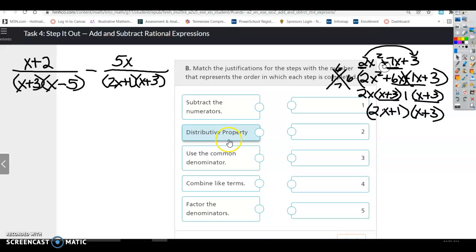The options are: subtract the numerators, distributive property, use the common denominator, combine like terms, factor the denominators.